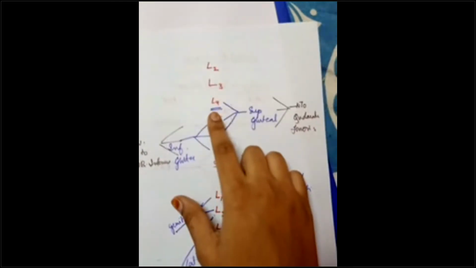Do you remember? Okay. So inferior gluteal, what is the root value? L5, S1, S2. Move a bit below. Which nerve is copying this nerve? Nerve to obturator internus. Very good, very nice.